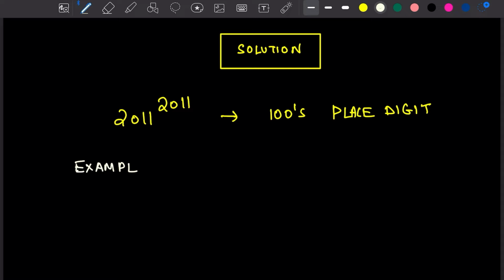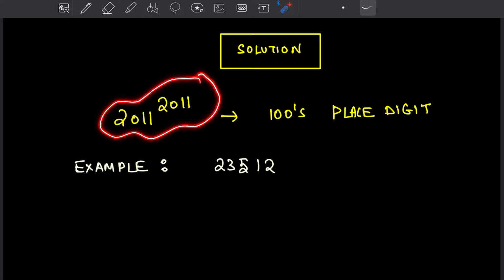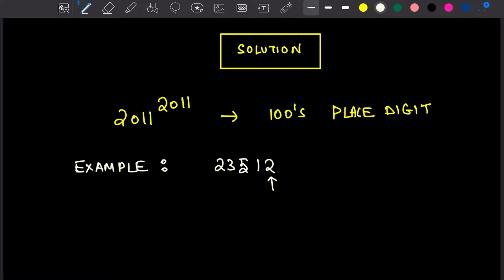Consider the number 23512. This is just an example. This number has no relation with this 2011 to the power 2011. This particular digit is known as the units place digit. This one is called the tens place digit.